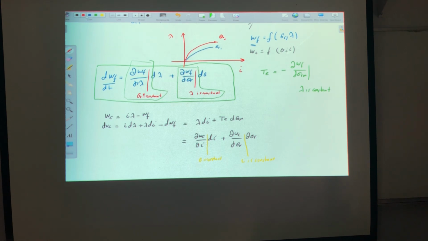So from here, I can say that if I compare, then the torque, which I need, is this one. So this means that the torque will equal partial omega c by partial theta m when i is constant. Who said that i is constant? You, right? What's your name? Ibrahim.